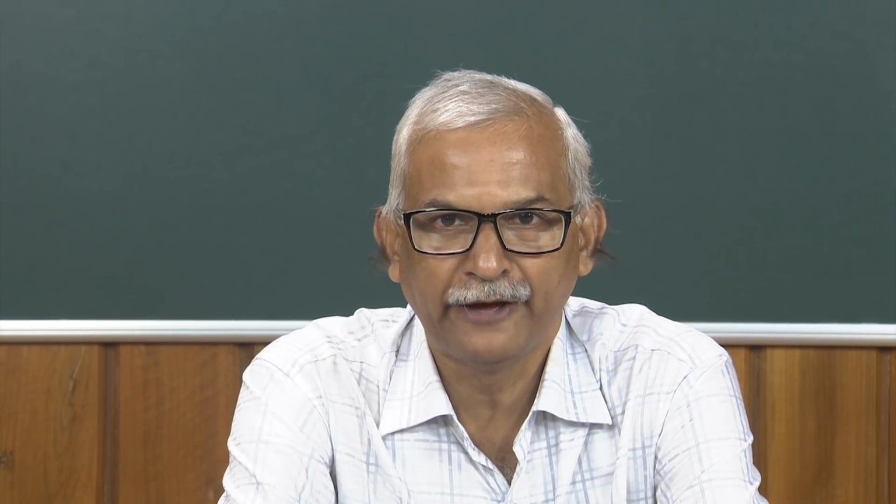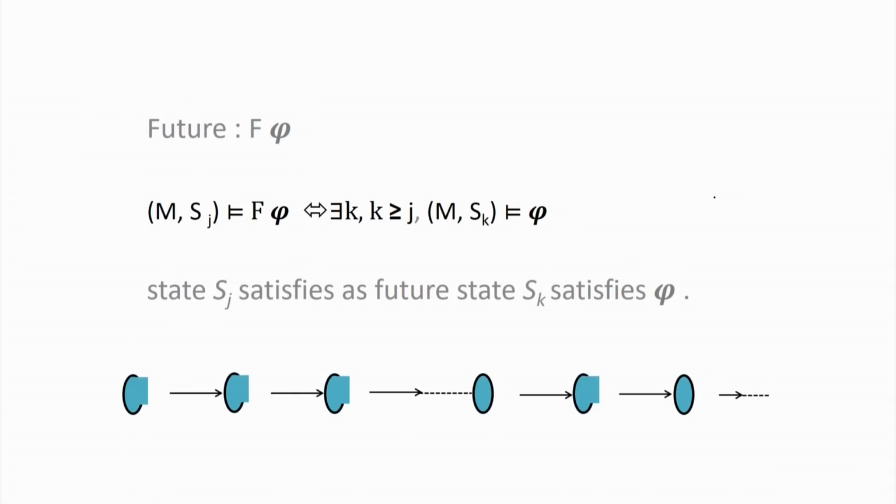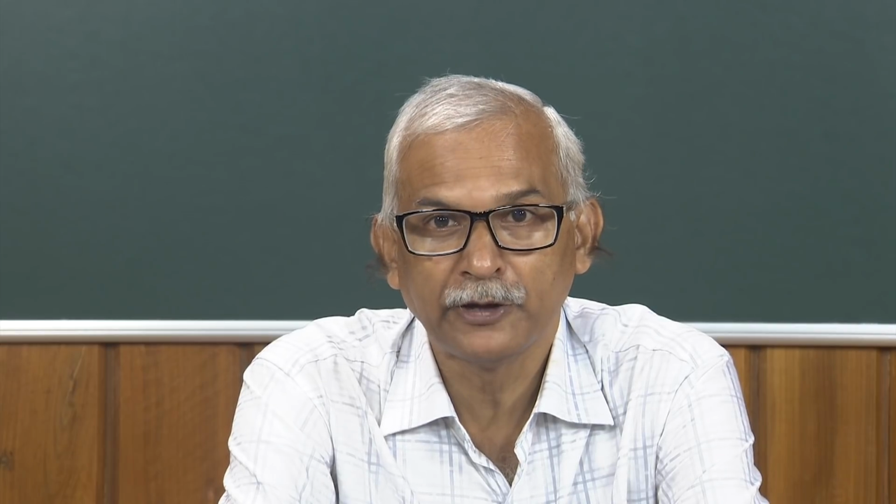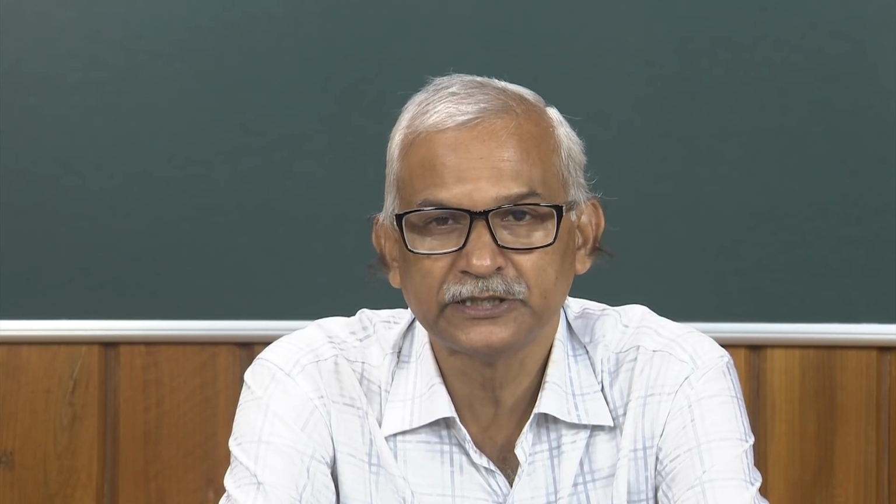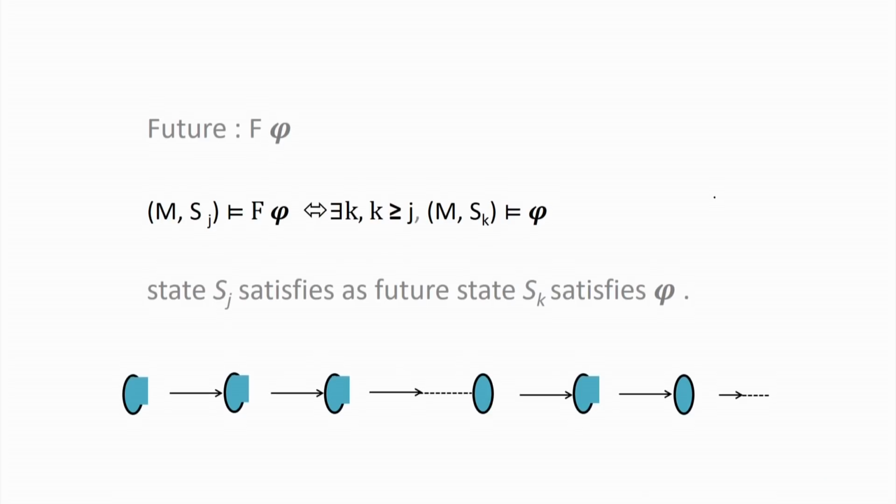Similarly, the next operator is future, or F phi. When we say that this particular formula F phi will be true in a particular state, say S j, it says that in a model M, in S j holds F phi, that means M, S j models F phi.